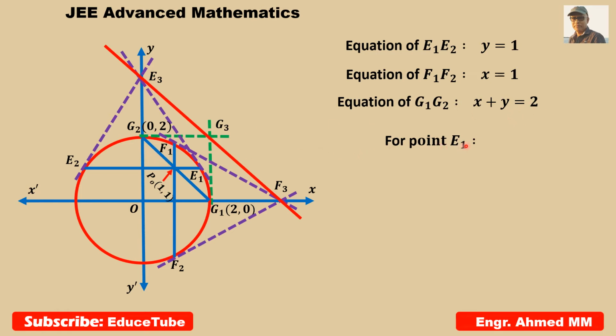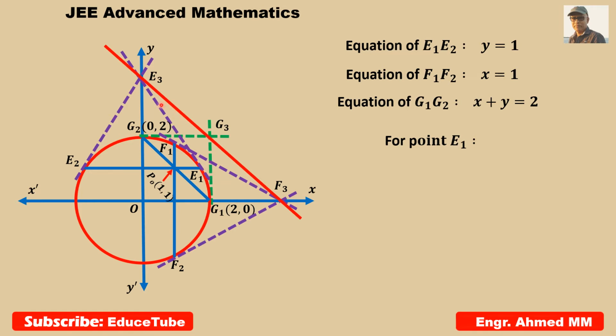Now for the points E1 and F1, having tangents here also, here also. So first we need to find the coordinates of these points. Once we get the coordinates, easily we can write the equations of these tangents.